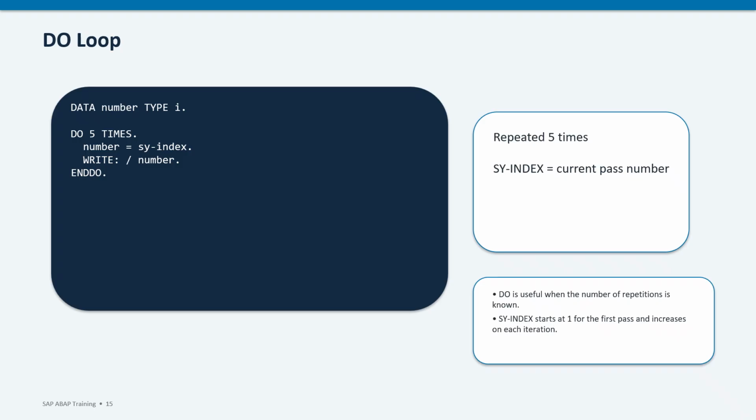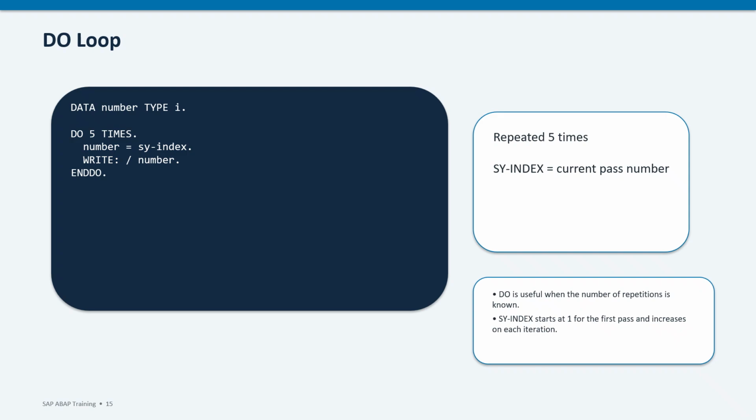Number equal to sy-index, and then write number. In this case the loop executes 5 times, and the output will be the numbers from 1 to 5. It is repeated 5 times and this is the output.